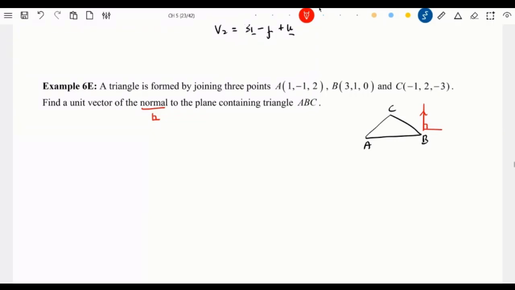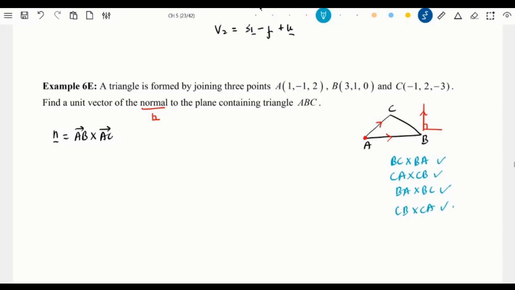You can use any points, but for the easiest way we start with A. So what we do is AB cross AC. If you want, you can do BC cross BA, CA cross CB, BA cross BC, or CB cross CA, no problem. Only the magnitude will be the same but the direction will differ.